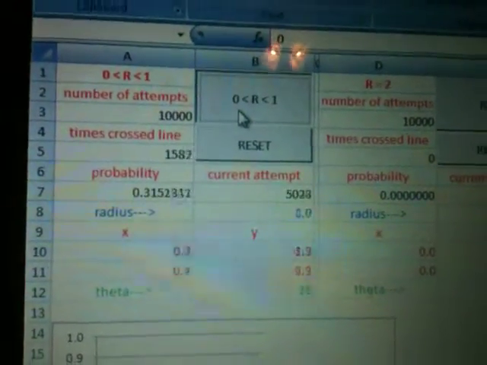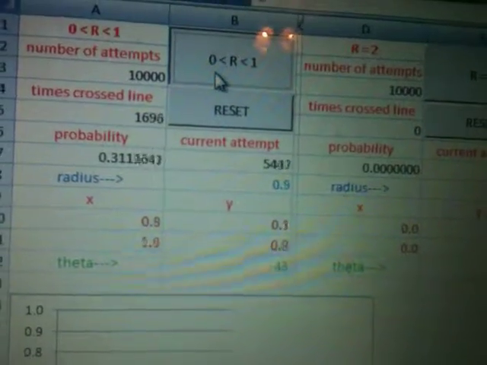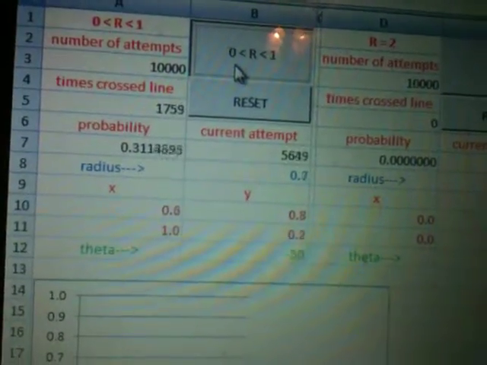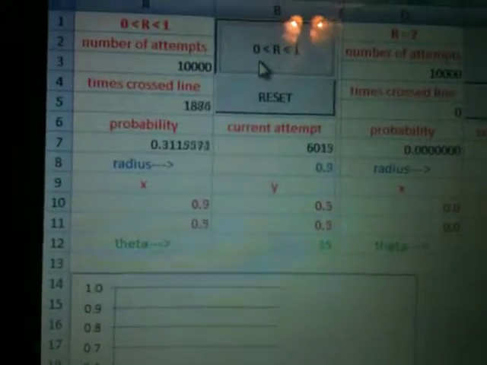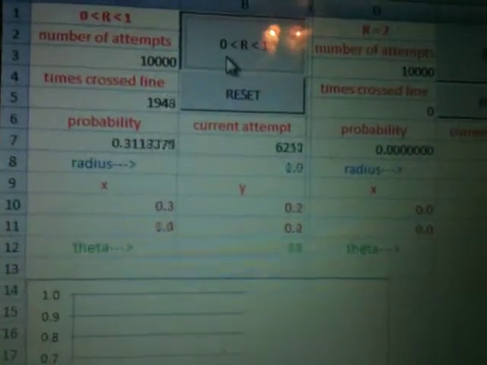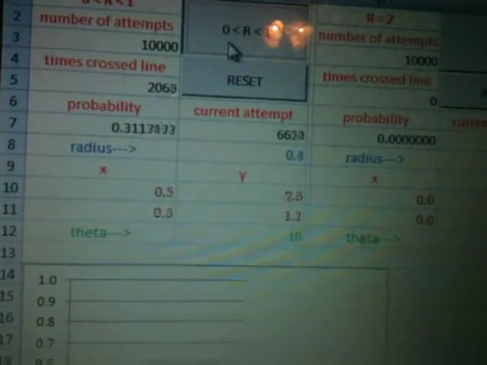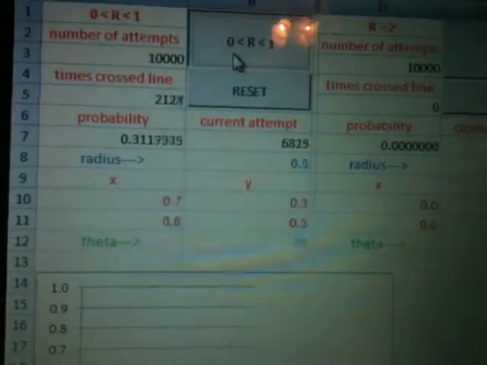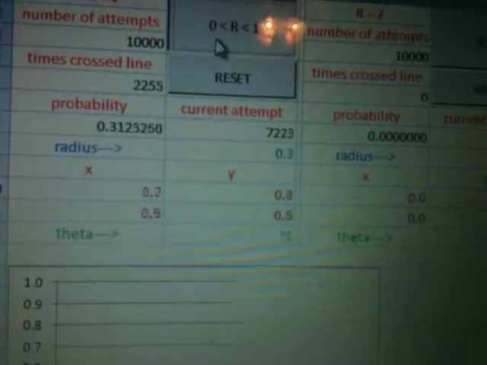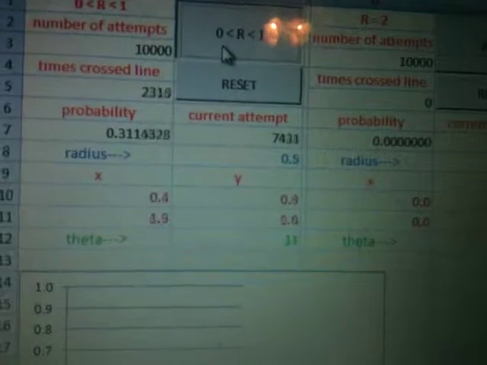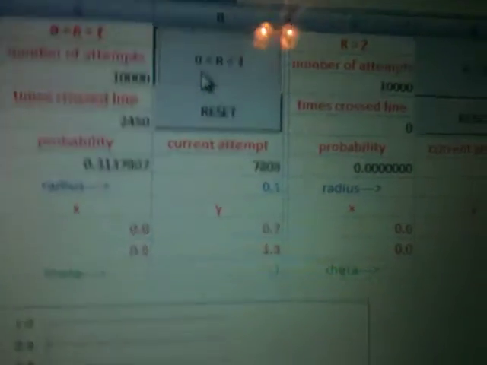And you know it crosses the line if, when you calculate the x point of the right end of the needle, it's greater than 1, then you know it crossed the line. Let's see, a couple more thousand attempts.